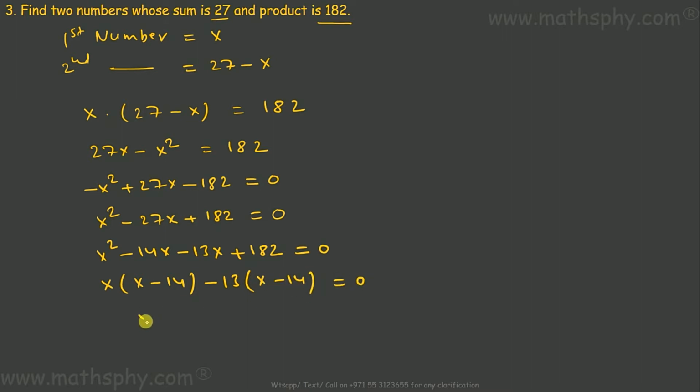So this will be x minus 14, x minus 13. X minus 14 as common. So x can be 14, x can be 13. So those two numbers are 14 and 13. 14 plus 13 gives you 27. 14 into 13 gives you 182. So numbers are 14 and 13. Alright.